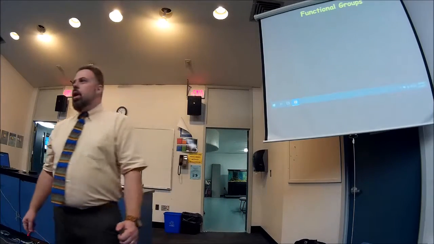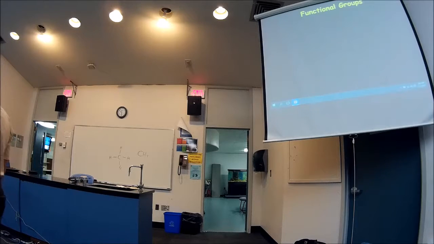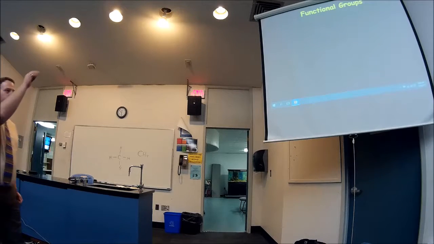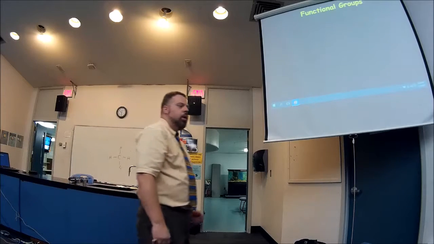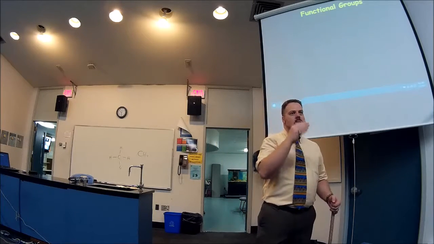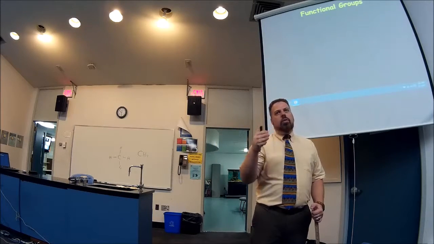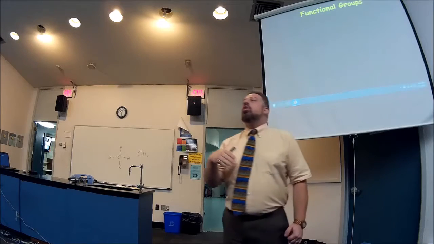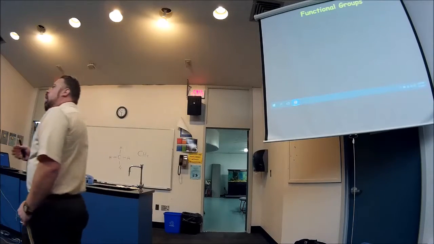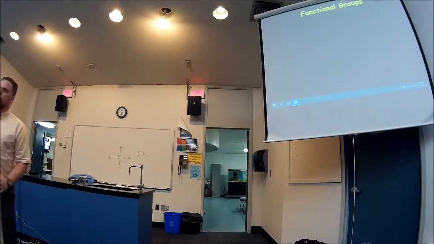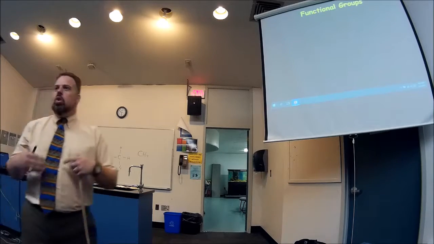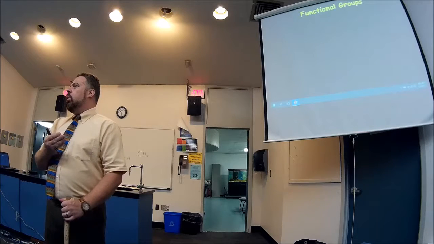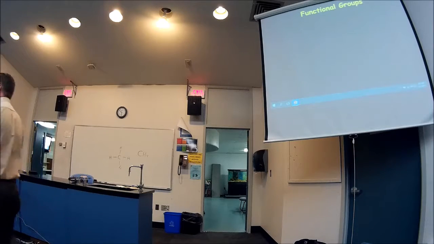So here are the functional groups. Now on this slide that I'm going to do, I'm going to run through them pretty quickly. And then I'll have a slide for each individual one, and I'm going to go even quicker. The reason is that all the information is really on there, and for me to just spit out all this stuff, it's going to go in one ear and out the other. It's really just rote memorization.